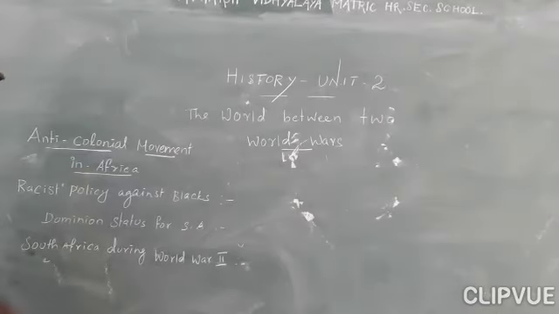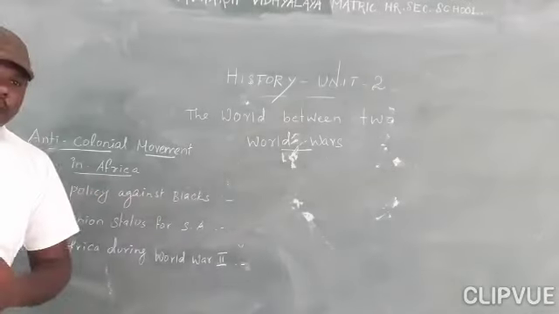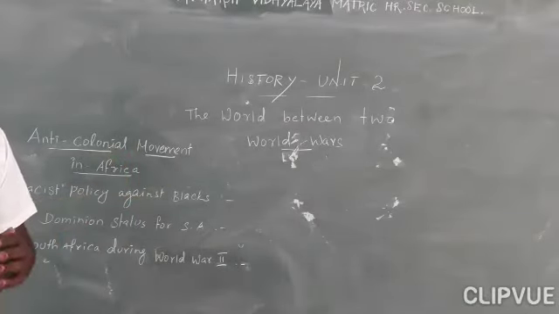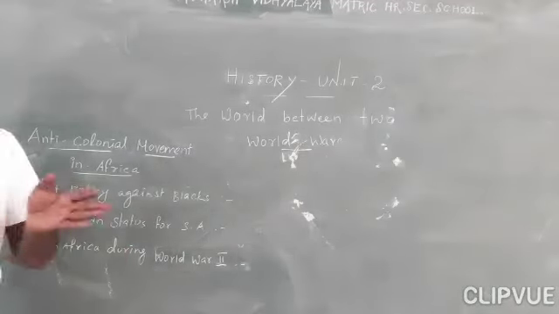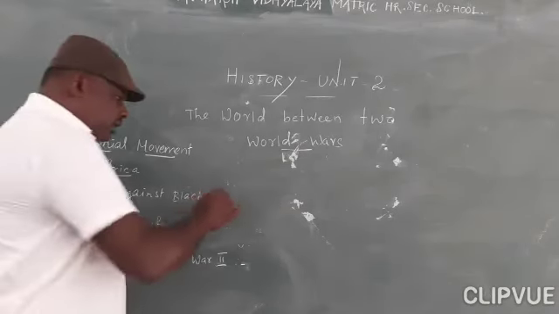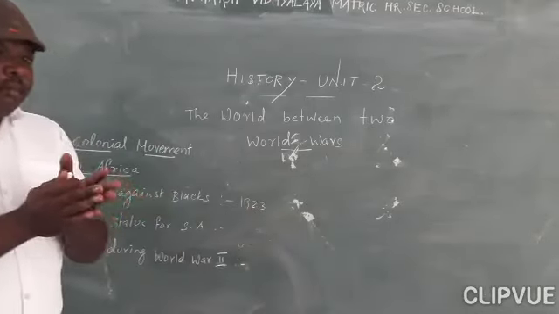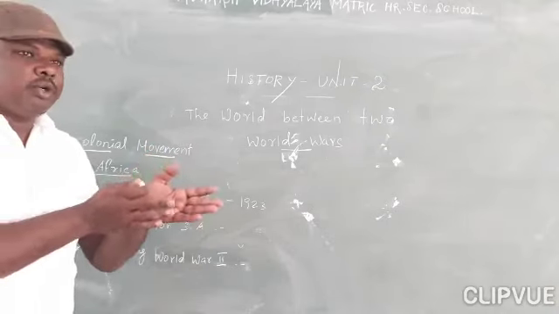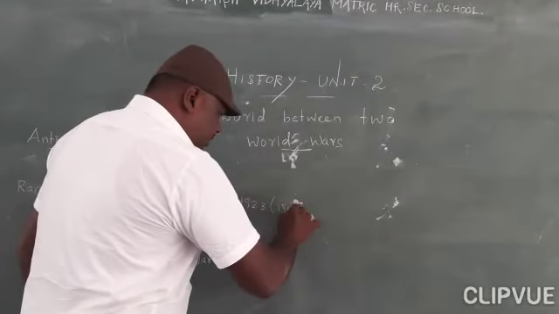Next, you see the racist policy against the blacks. After the Boer Wars and after forming the government, they decided to segregate the blacks from the whites. The act was introduced in the year 1923. The act separated the blacks and restricted them to some places and some towns. Initially the act was introduced in 1914 itself.